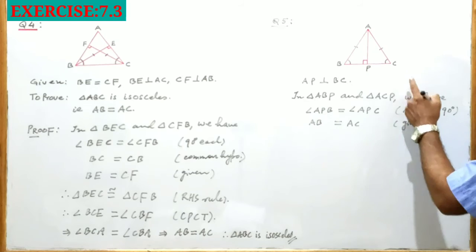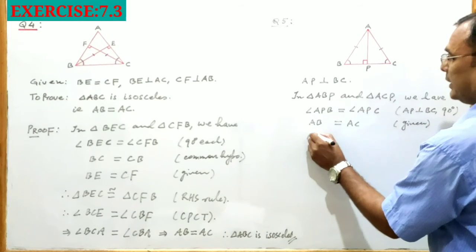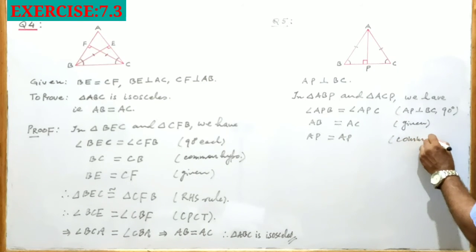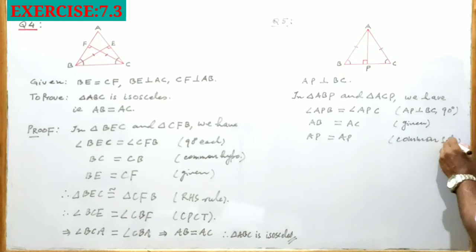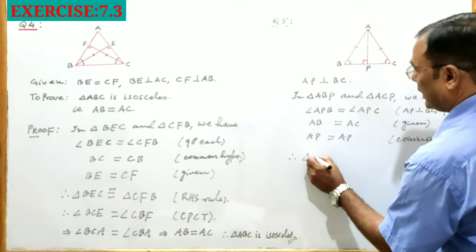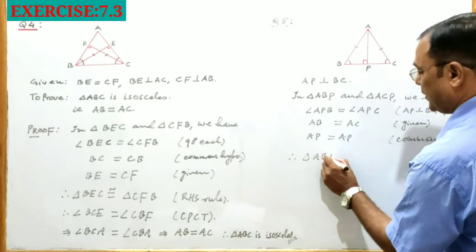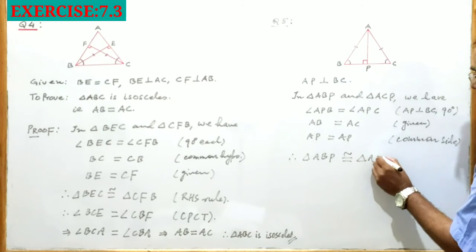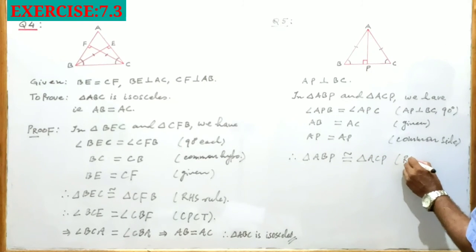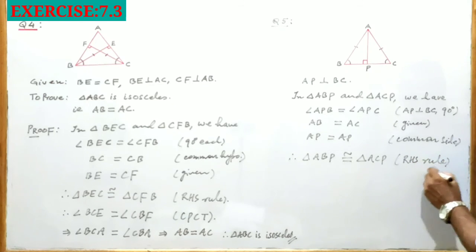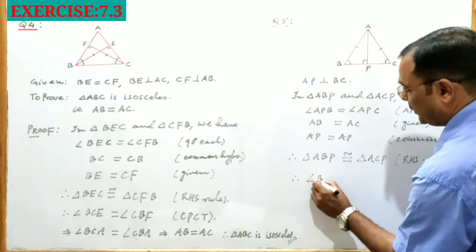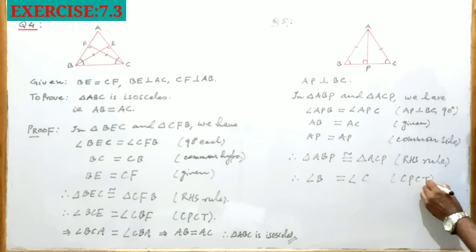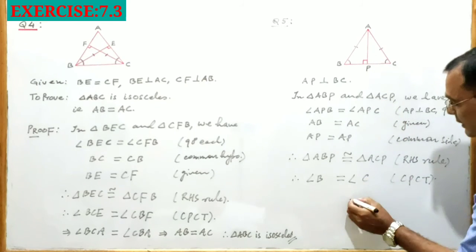So they are equal hypotenuse, and AP is equal to AP common side, and therefore triangle ABP is congruent to triangle ACP by RHS congruence rule, and therefore angle B is equal to angle C, because they are corresponding parts of congruent triangles. Hence proved.